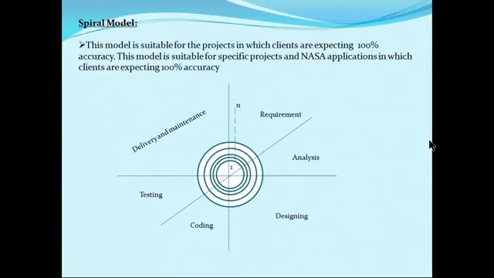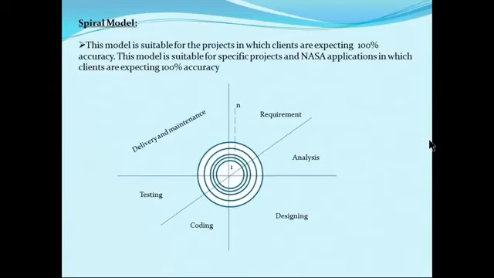Anything coming inside has no way to go outside. It makes it that way for its prey. The same way, the spiral model is used whenever clients are expecting 100% accuracy: I want 100% quality.